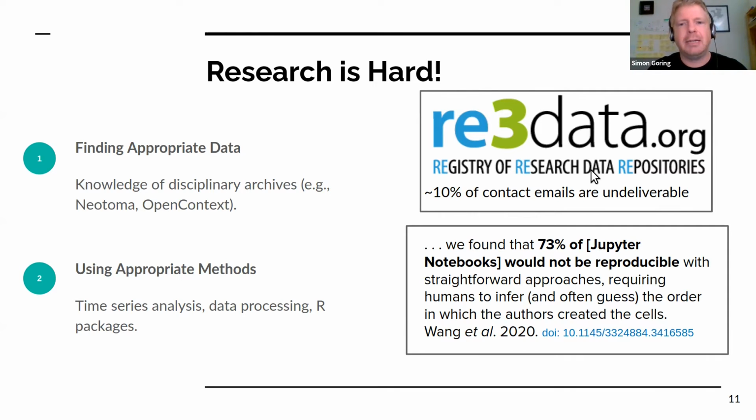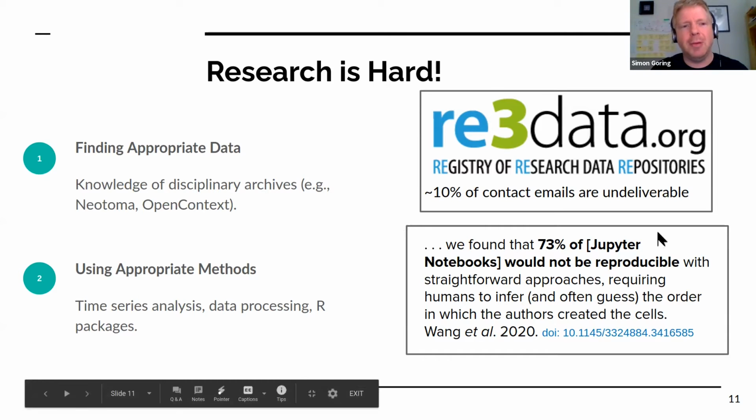But in contacting research databases, at least 10% of them didn't have usable contact information. A number of them had web addresses that were no longer working. And so even when you know something about the resources, it's still not always easy to get the data.